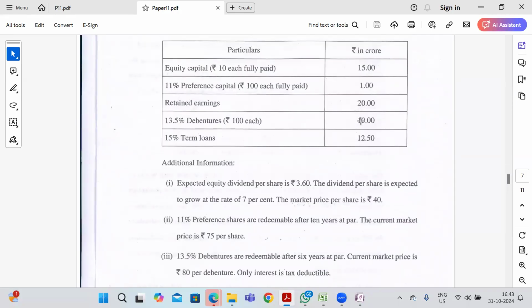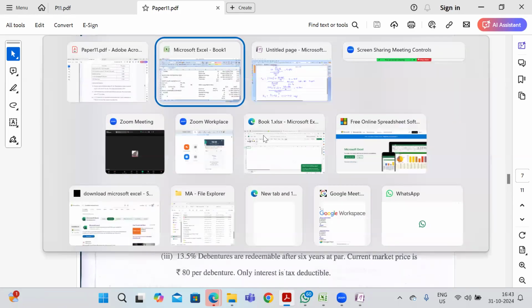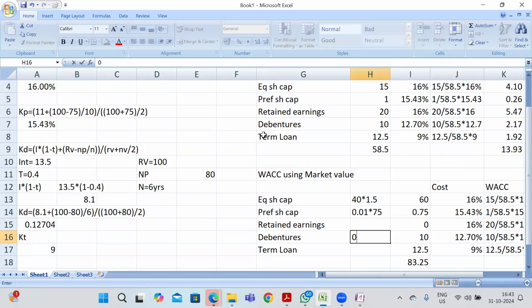We have 10 crores, 10 divided by 100 each, that means 0.1 crores. So 0.1 into 80, we will get 8. And term loan is the same, 12.5, so there is no change. So we will have a total value of 81.25.